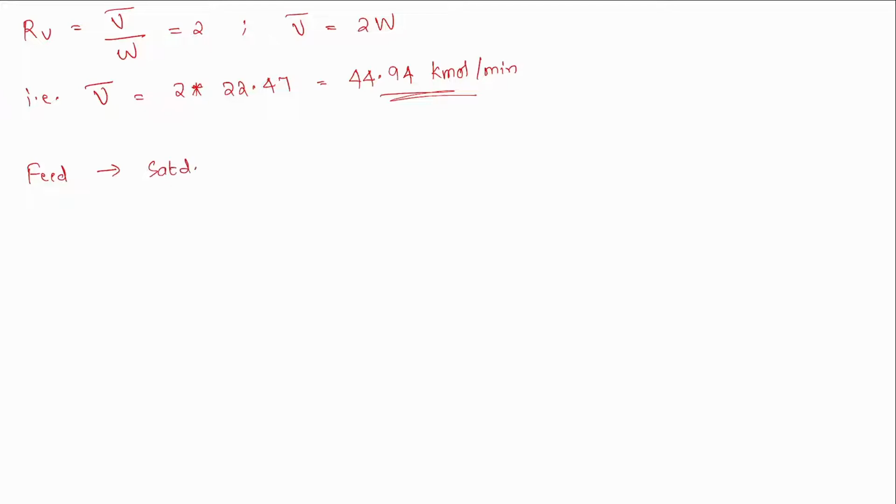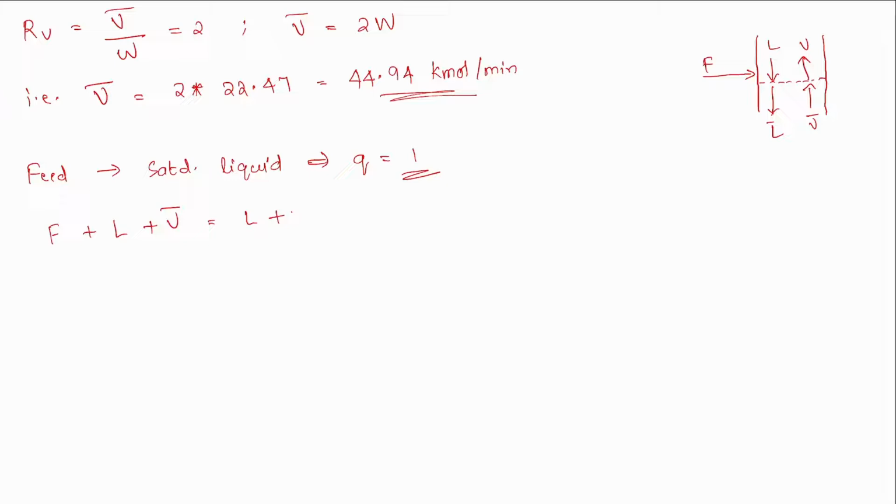Now, the feed is a saturated liquid as given in the question, so q is equal to 1. If we take the balance of the feed tray, we have F as the feed, then there are incomings and outgoings in the form of L bar and V bar. Writing the balance, we can write F plus L plus V bar is equal to L bar plus V. And since q is equal to 1, we can say V equal to V bar. Now let's see how this comes in. We can write L bar is equal to L plus qF.